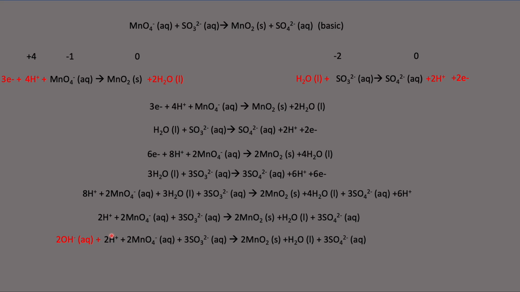We have 2 H plus ions, so we need to add 2 hydroxides, 2 OH minuses, to cancel them out, essentially. Well, not necessarily cancel them out, but in charge to cancel them out. But you'll see what I'm going to do with them in a second. When we add hydroxide on this side, we're going to add hydroxide on this side as well. So we have to make it even, add the 2 hydroxides on this side as well.